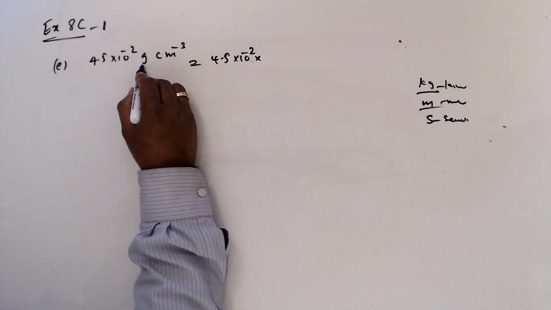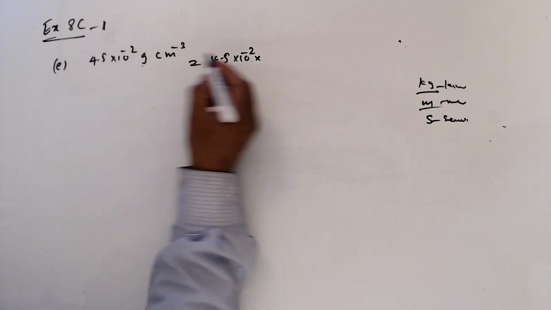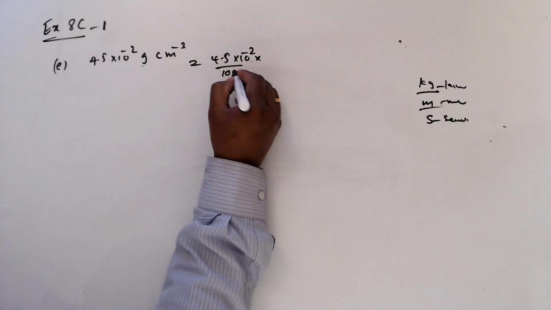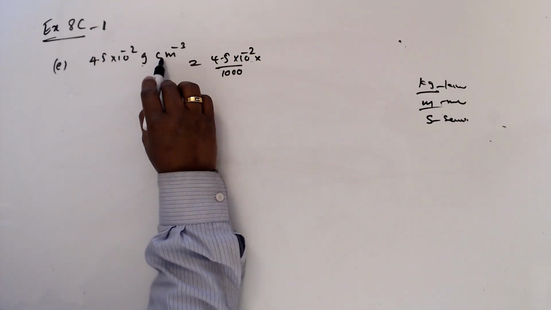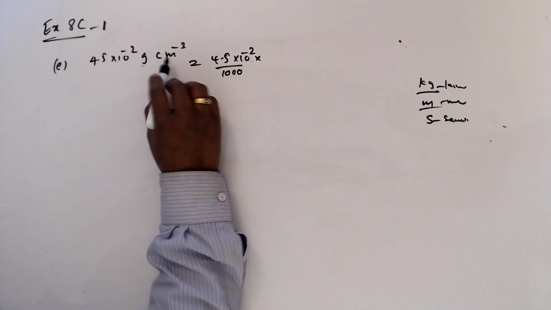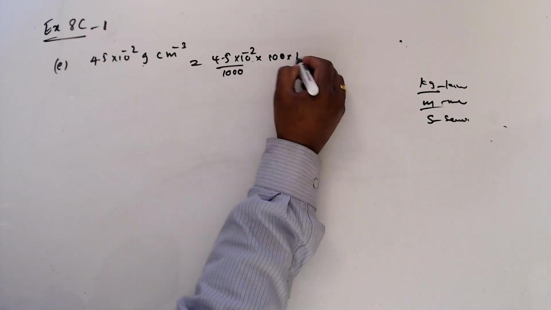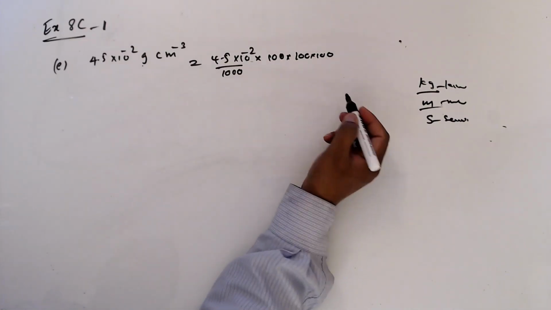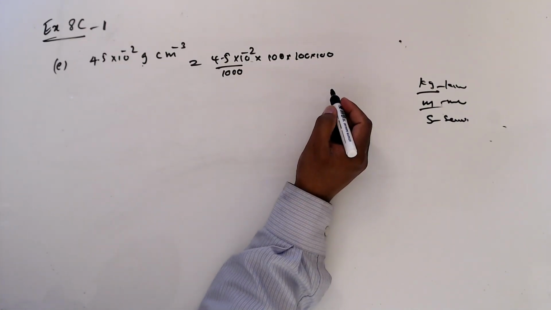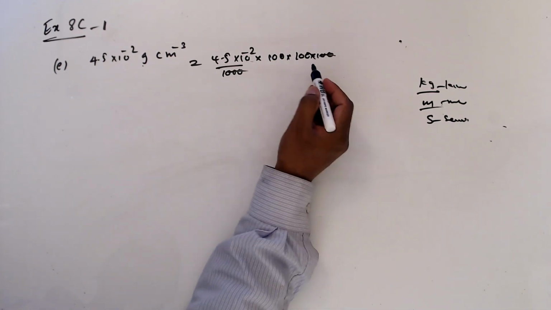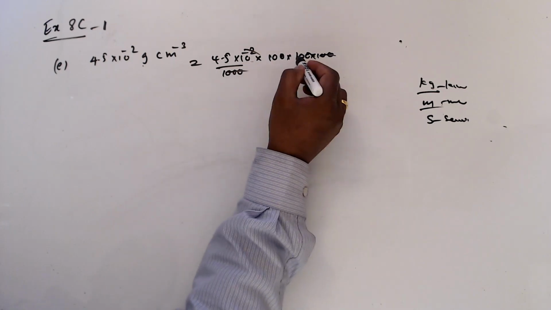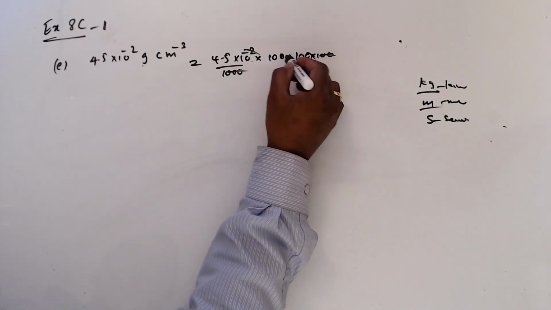I'm not going to write like this, I will explain. So this is made into kilogram, so divide by 1000, and then this one I want to turn into the meter, so then 100 by 100 by 100. So this is 1000, and this 2 cancels out with this 2.